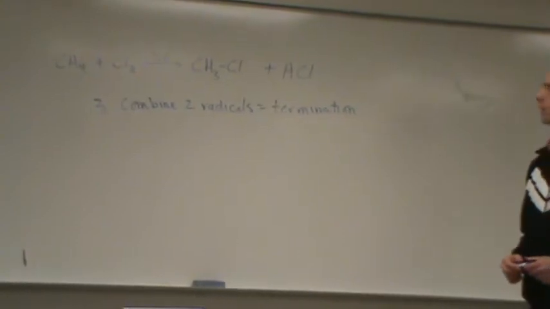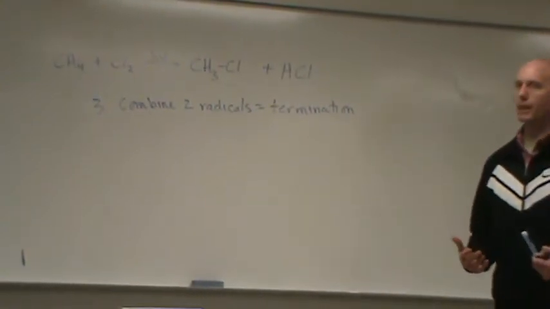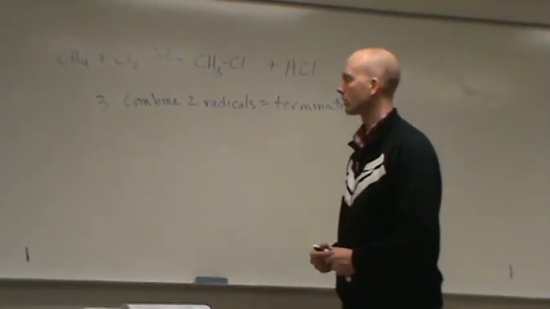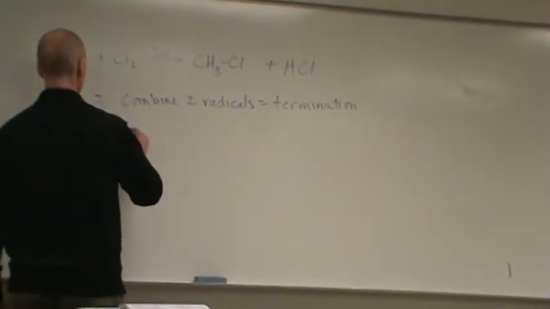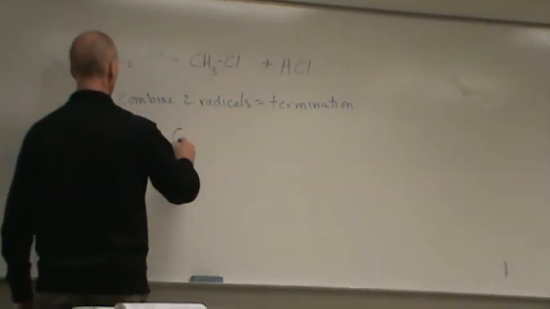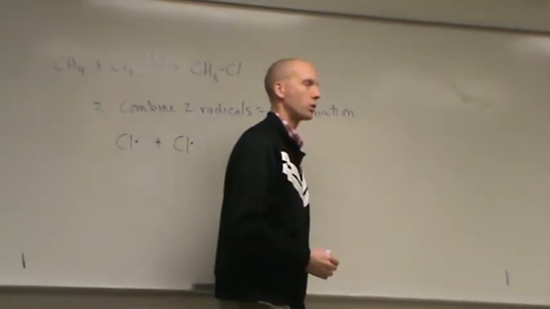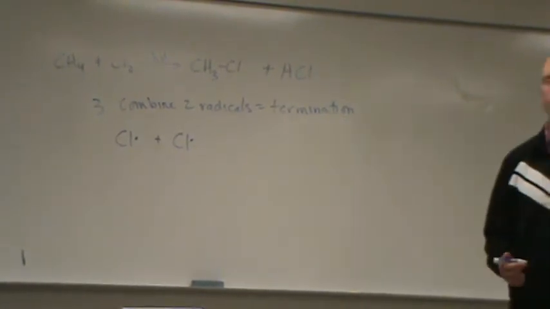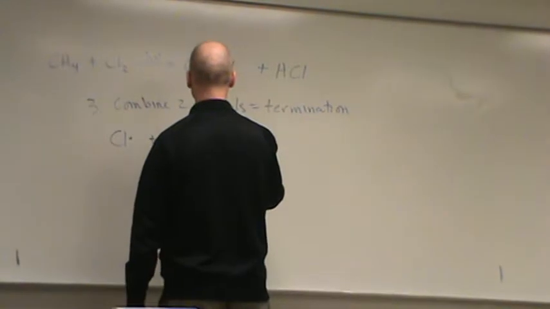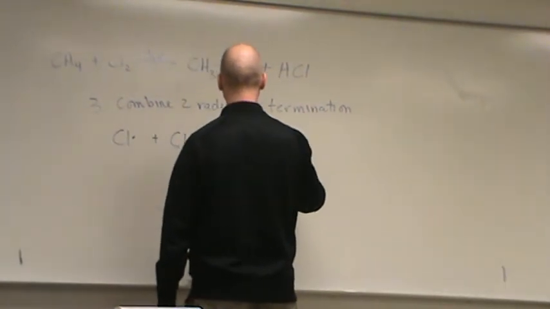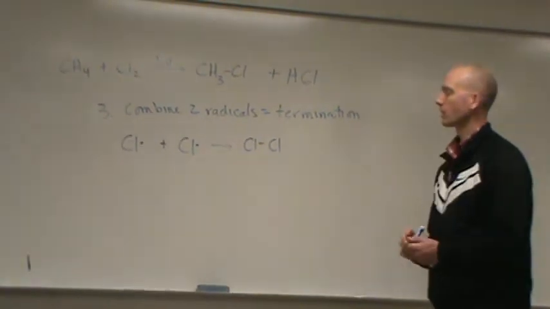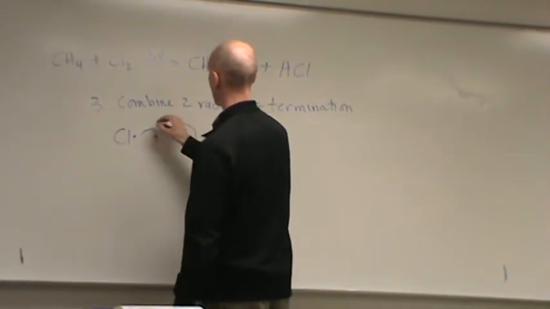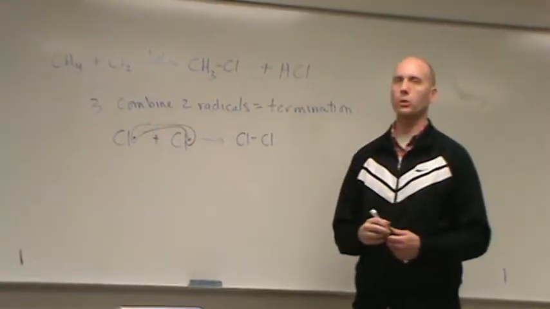Can anybody give me an example of two radicals we can combine? We could do two chlorine radicals. Remember, this was our second radical reaction, called a combination reaction. So two chlorines can come together and form the molecule there. Those two radicals are forming a bond.